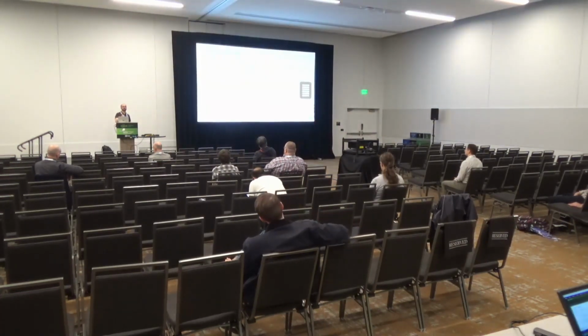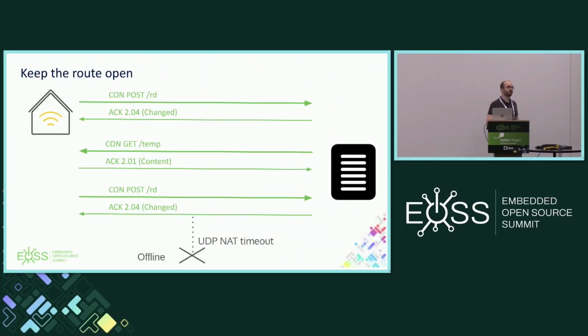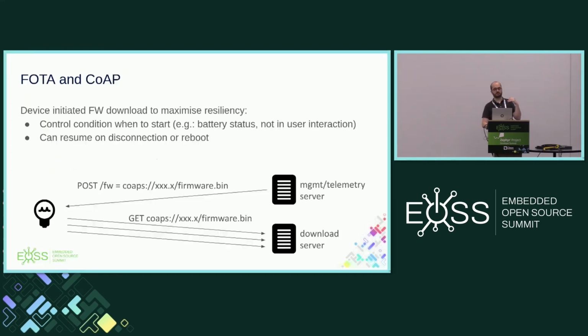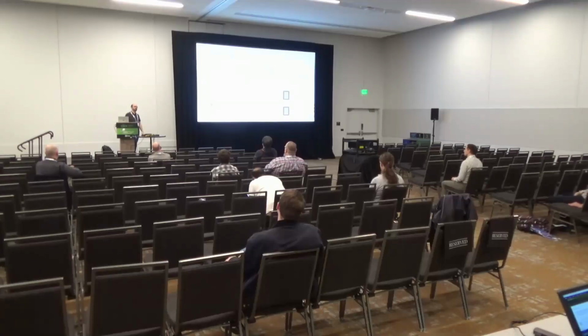The most common approach is to have the device polling the server to say, hey, I'm here. And then once you have the device connected, you can send the firmware update. Okay, so not going beyond the 30-second threshold or whatever. Yeah.